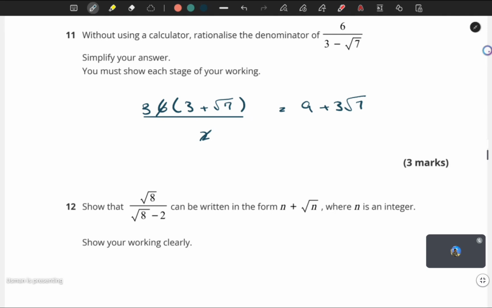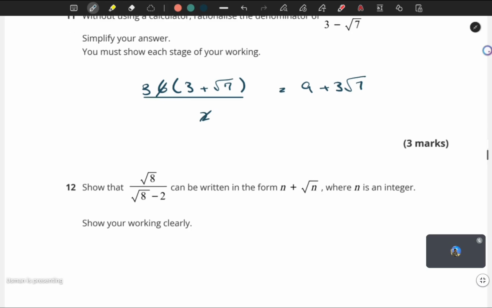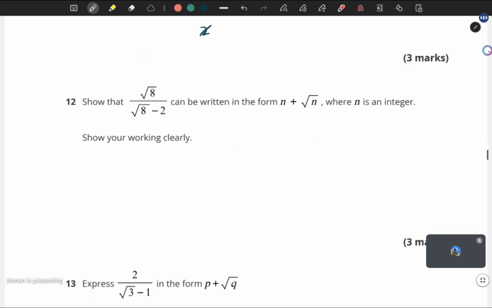I'm getting 8 plus 2 divided by 4. So can you still simplify it? So what's going to happen? You'll have root 8 times root 8 minus 2 or plus 2. And at the bottom you'll have 8 minus 4, which becomes 4.